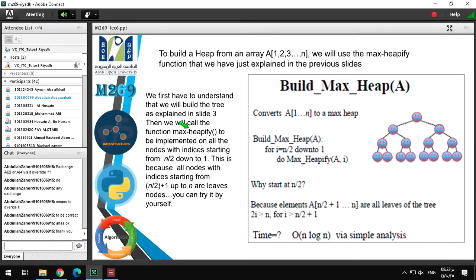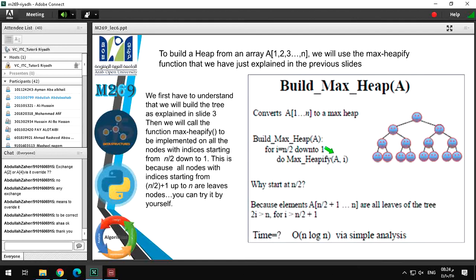Now, building max heap: how to build a heap from the array using the max heap function. The max heap function will convert the array of n elements to a max heap. So build the max heap of A: for all elements i from n divided by 2 down to 1, do max-heapify.